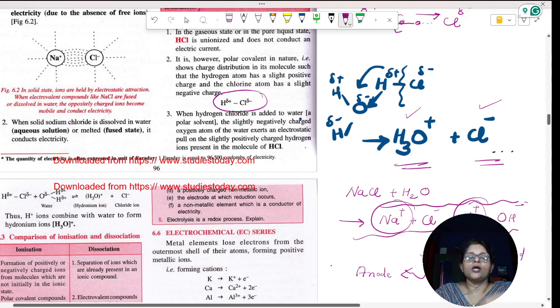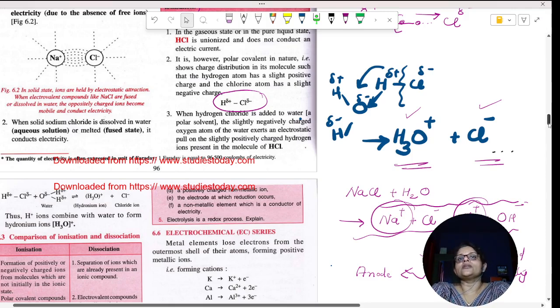Among these, which will be discharged at the electrodes will be decided by its reactivity, whichever has the tendency to lose electrons more or gain electrons more. And for that, we need to learn the electrochemical series.